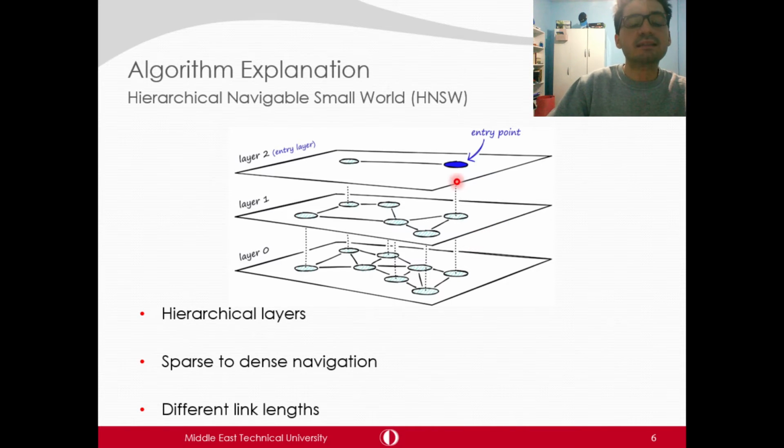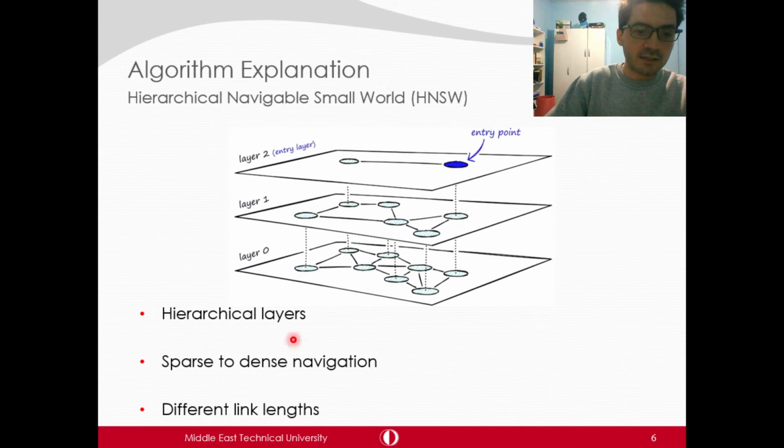You are starting from the top layer, which has a sparse representation of your dataset, and once you find the local minimum there, you move on to the layer below, where a denser representation of your dataset is present, and again when you find your local minimum, you move down to another layer. In this case it is the bottom layer, layer 0, and it has all the data points from your dataset, and you try to find the closest neighbor to your query value.